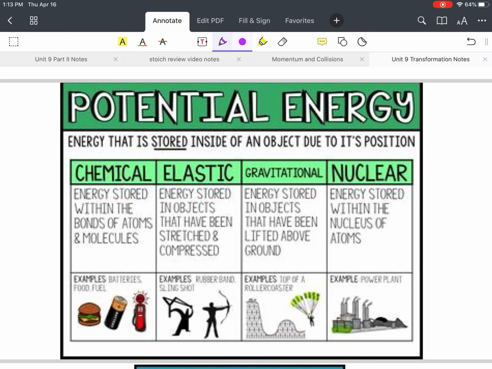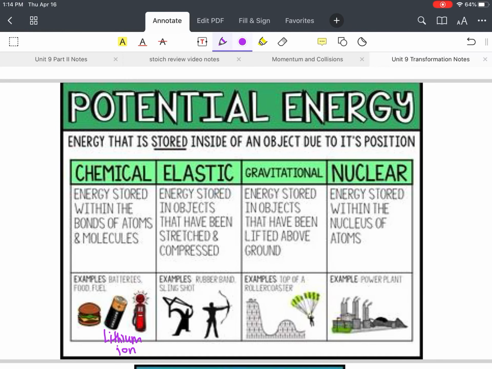Food is stored energy. You eat it, it stays inside your body. It gives you that energy for when you need it. A battery, right? A lot of times we call those lithium ion batteries. That's chemical energy. It's stored inside the battery for when you need to use it.